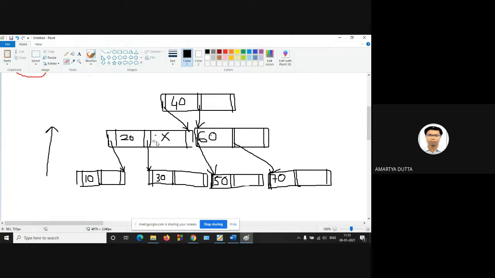Is it clear, everyone? Any queries? No, sir. সবাই বুঝেছে? Yes, sir. The right portion of 20 is vacant, so no need for another connection.